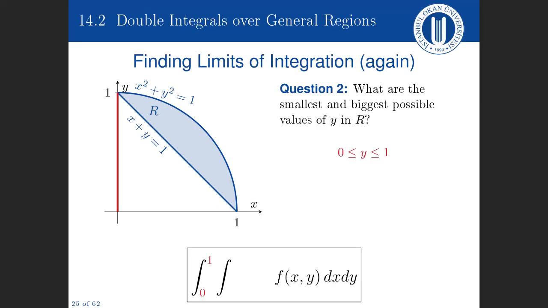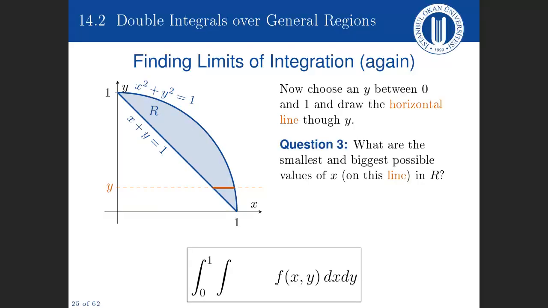What are the smallest and biggest possible values of y in R? This region R I've drawn is symmetrical in the x and y, so we're going to get the same answer as before, but that doesn't matter. We can see from the picture that y can be any number between 0 and 1. So we can fill that in our formula at the bottom.